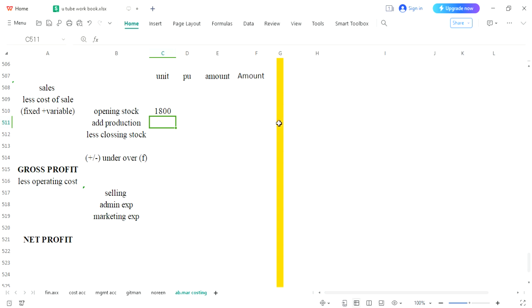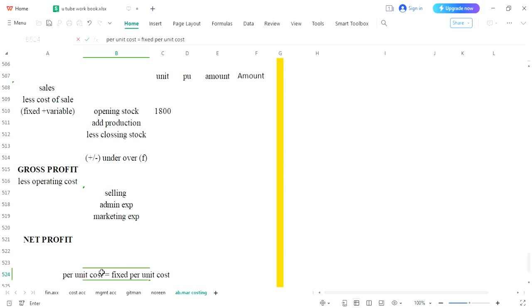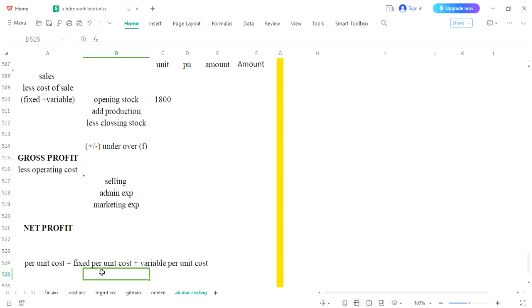We usually add fixed cost and variable cost to calculate our per unit cost. Normally we calculate per unit cost in another way, where we add fixed per unit cost and variable per unit cost to get total per unit cost.